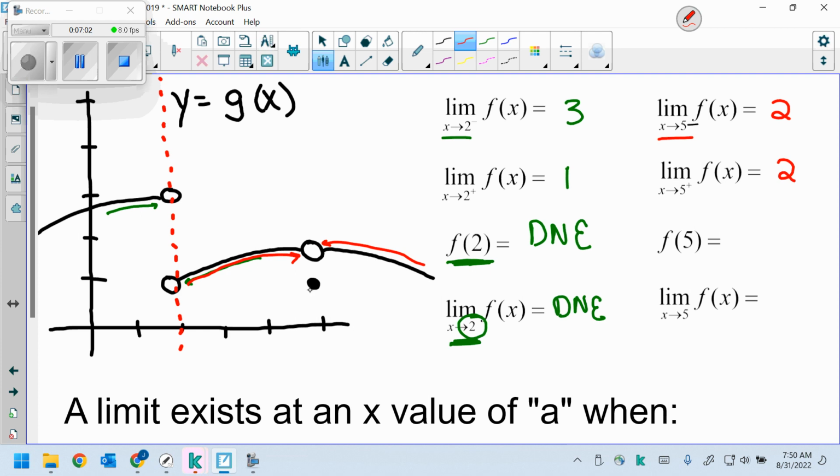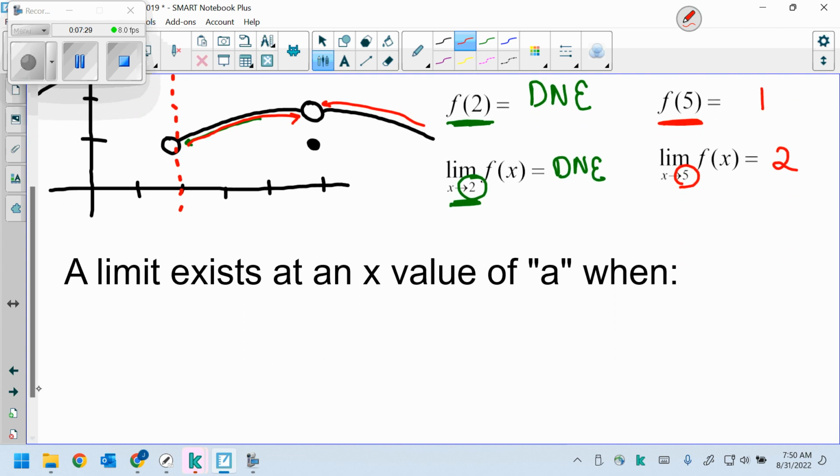Now at 5, if I actually get to 5, the value of the function at 5 is 1. So what's the limit? Well, limit, again, refers to only approaching 5. And as I approach from the right and the left, because it doesn't specify anything different, those numbers do agree. I am approaching 2, and that is the limit as I get really close to 5.